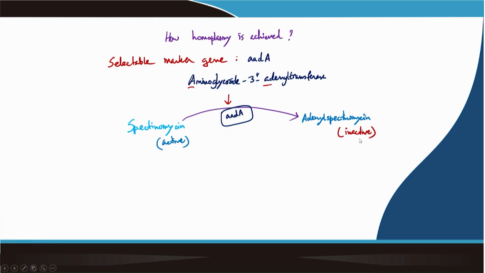That means if you grow the tissue in the presence of spectinomycin, spectinomycin will bleach the cells. It bleaches all the plastids, so eventually the tissue will die.